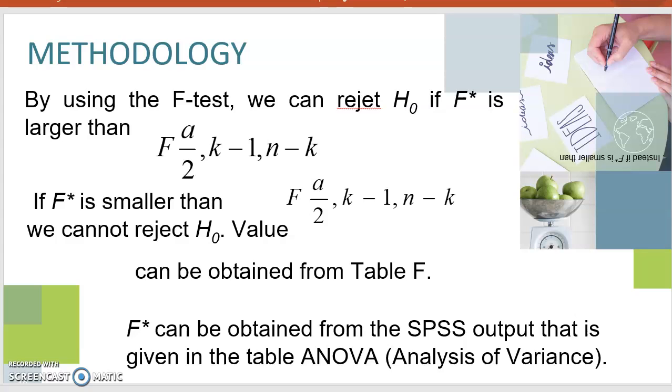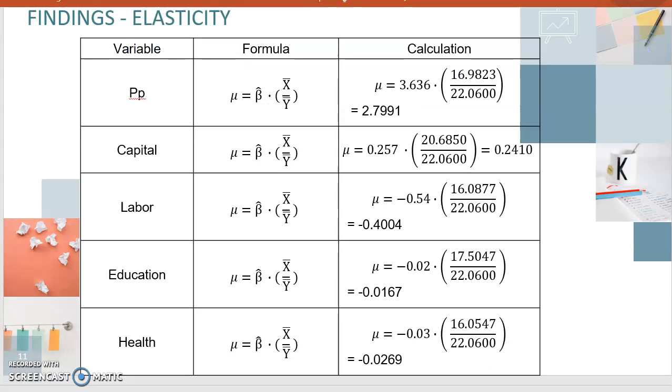The F star value can be obtained from the table Fs. So here from the SPSS output, we will know the value of F star in the table ANOVA, or analysis of variance.